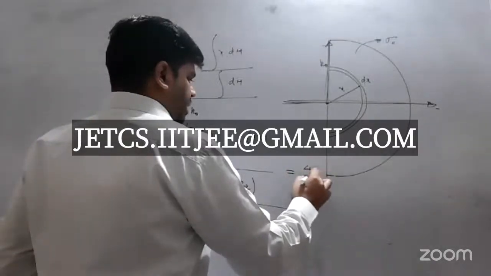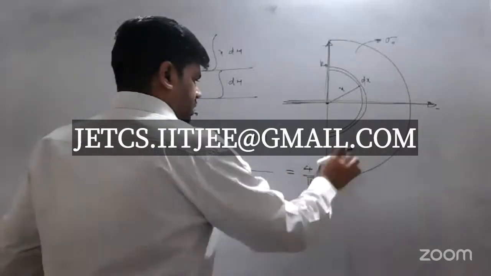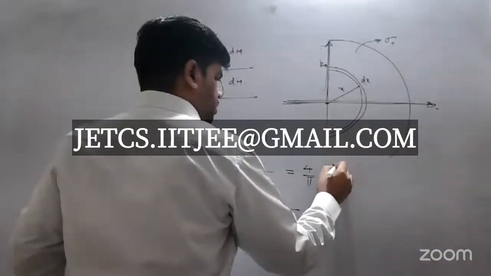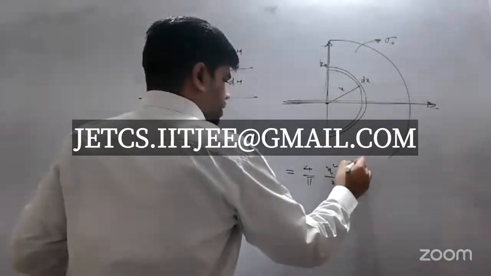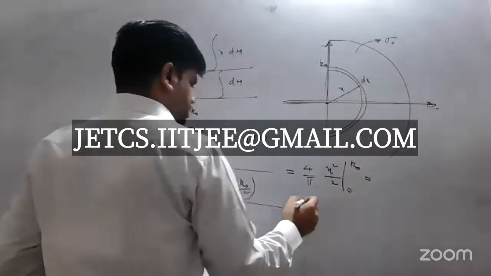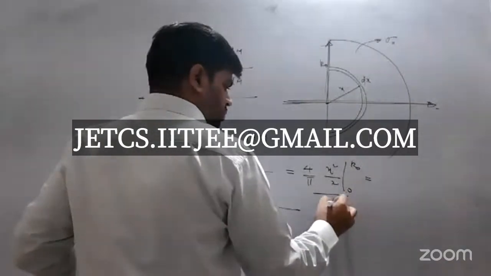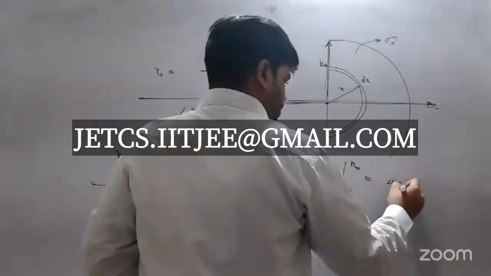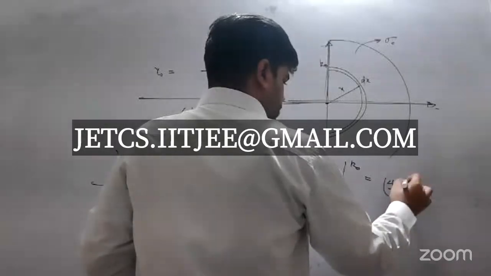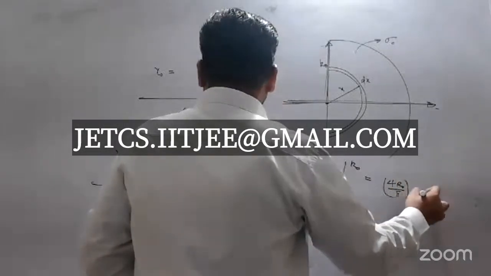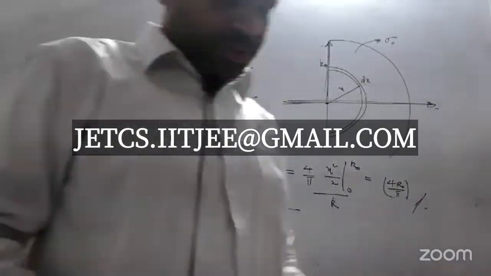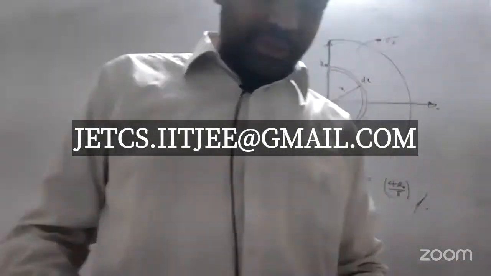So 4 by pi, x square by 2 under limits 0 to r, by r. So I'll have 4r by pi. Check if it's correct. Yeah, that's correct.